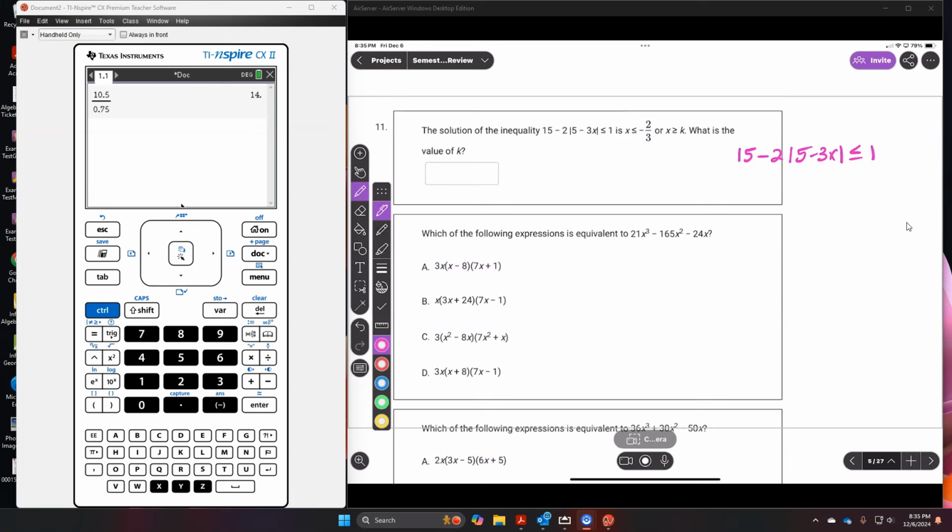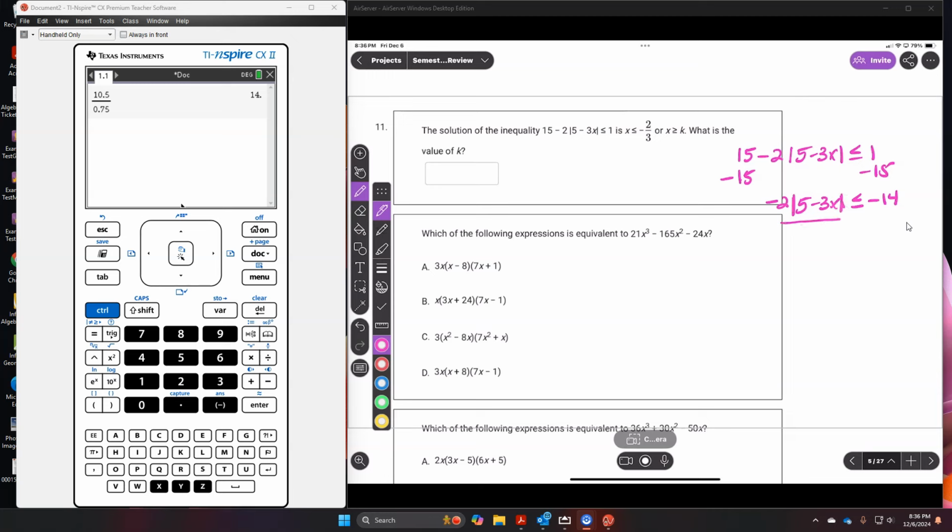So we want the absolute value by itself, so we subtract 15 first. So we have negative 2, absolute value of 5 minus 3x is less than or equal to 1 minus 15, which is negative 14. Remember, we want the absolute value to be by itself.